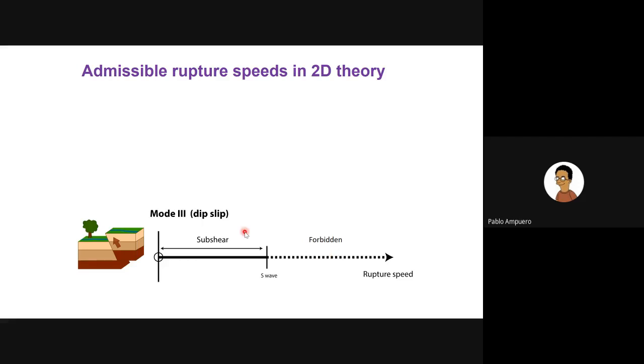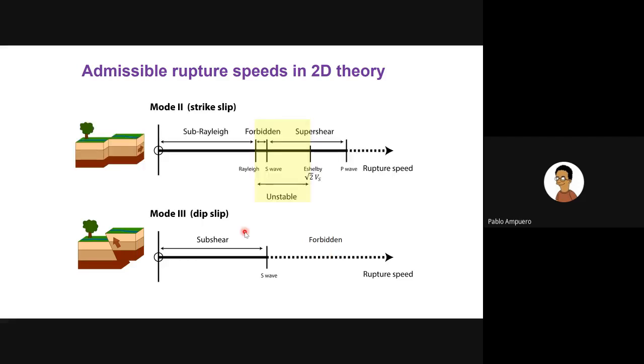What happens in the opposite situation of a strike slip earthquake? We call this mode 2 in fracture mechanics. This situation is a bit more complicated because there's more than one wave speed that is relevant. There's the S wave, there is the P wave, there's also the Rayleigh wave, which is often about 90% of the S wave.